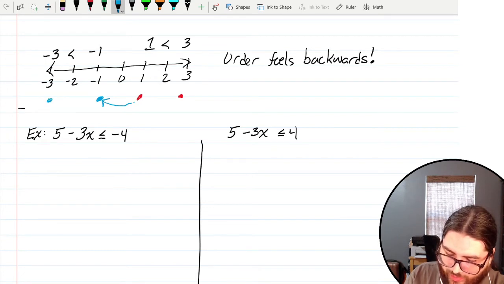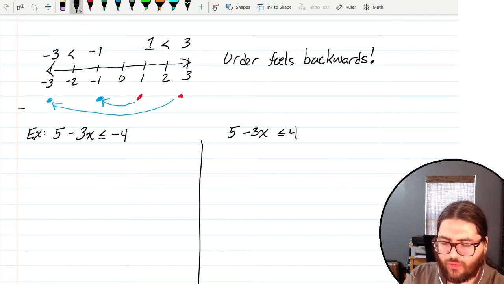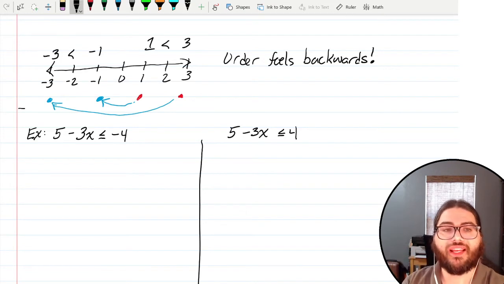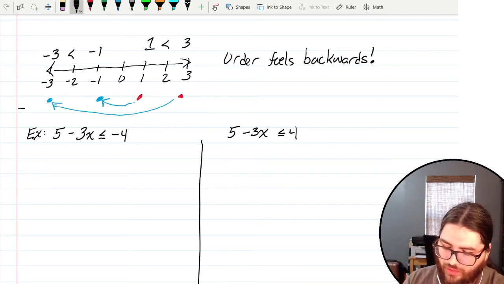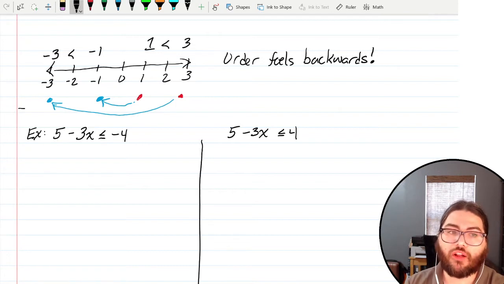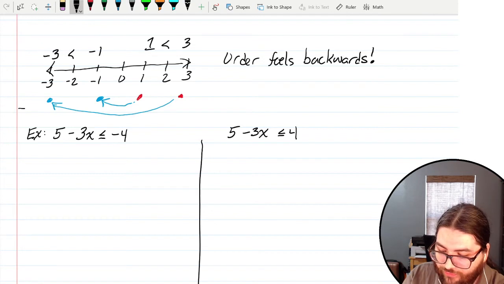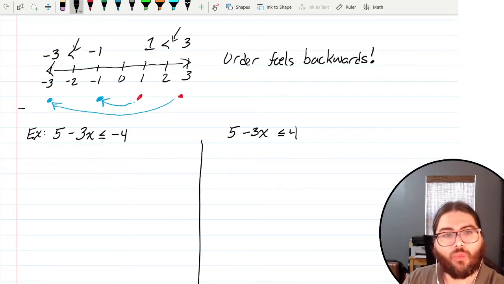If I multiply 3 times -1, I get -3. Do you notice how when I multiplied by a negative number, the dot which was on the left became the dot on the right, and the dot which was on the right became the dot on the left? And so what this means is that I have to change from a greater than to a less than when I do that.